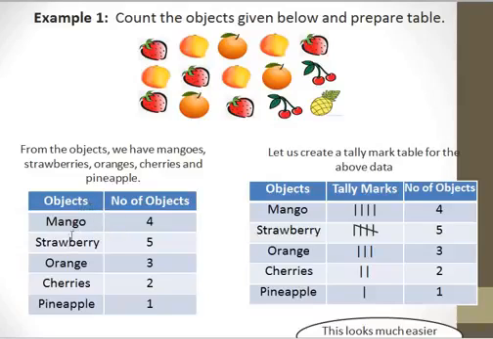First one, let's count together how many mangoes we have in this picture. 1, 2, 3, 4. These are 4 mangoes in this picture. So, how can we present them with tally marks?